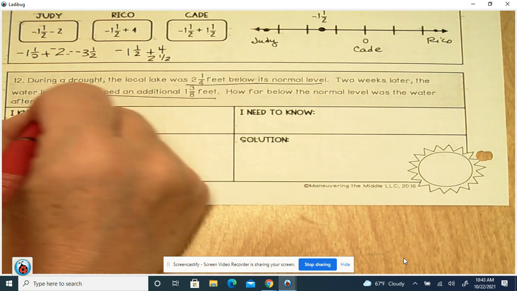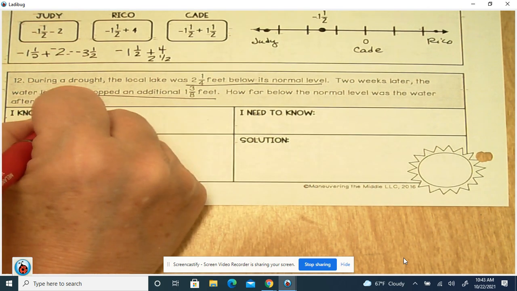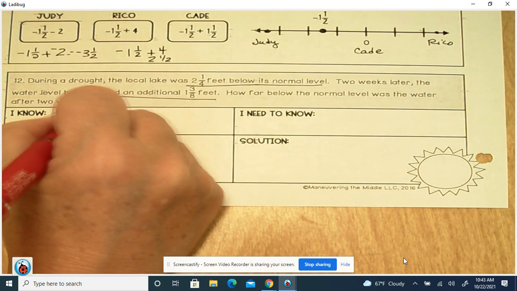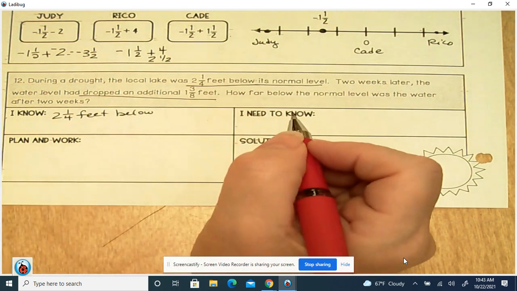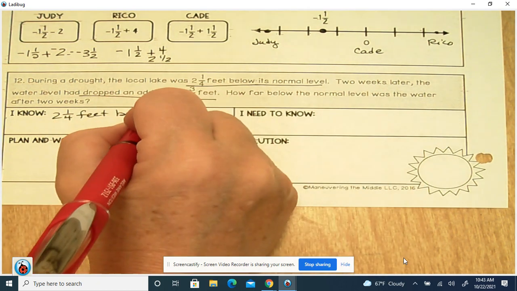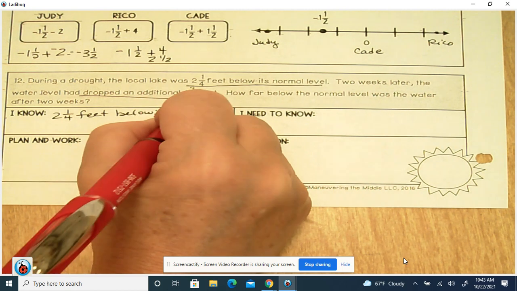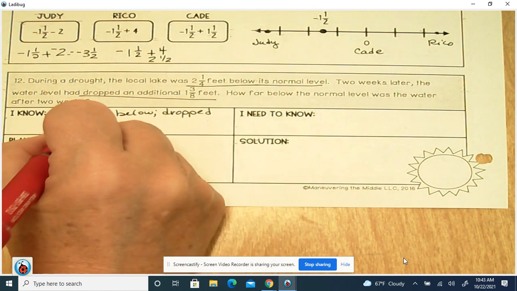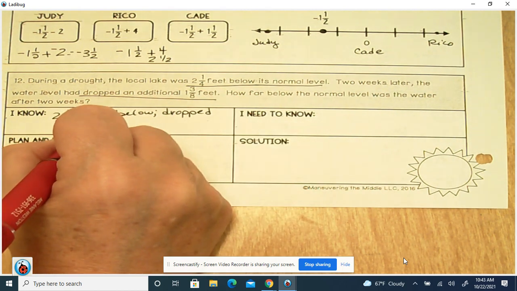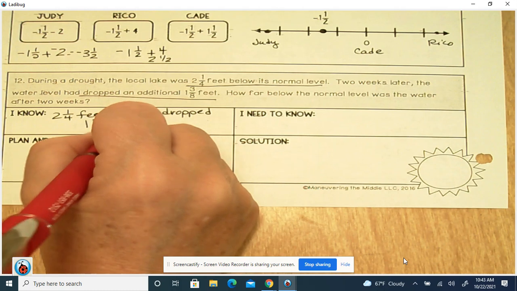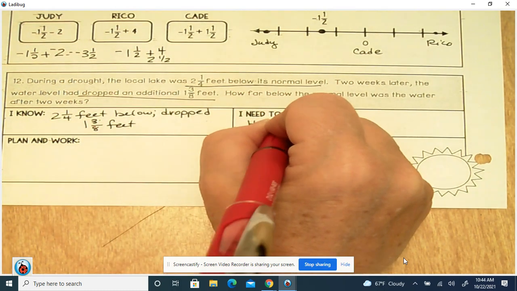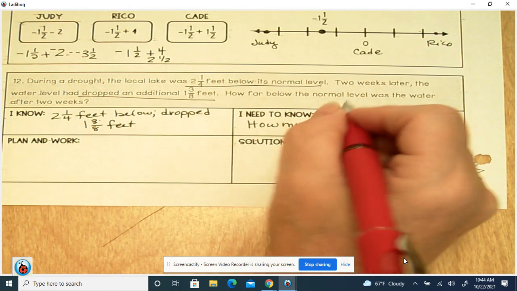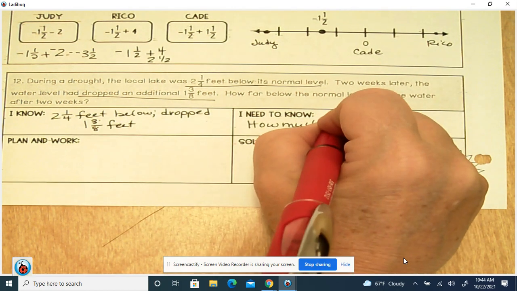You know that it was 2 1/4 feet below and then it dropped 1 3/8 feet. I need to know how much the water level changed.